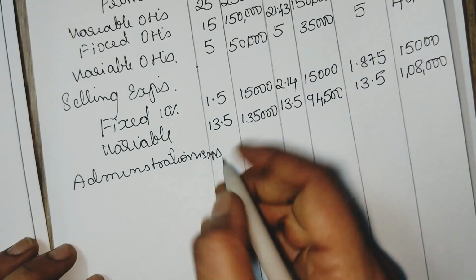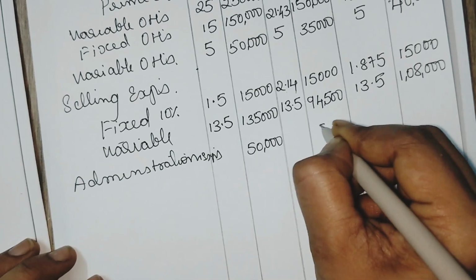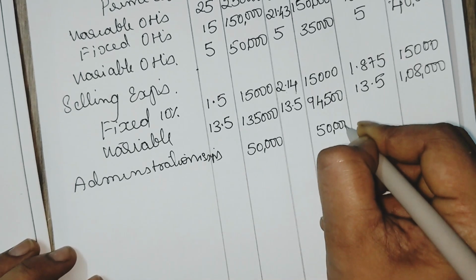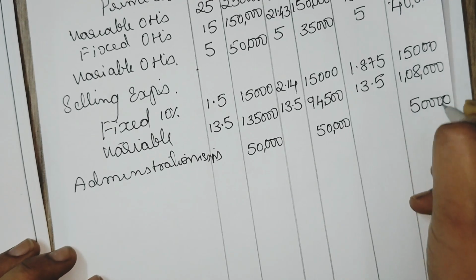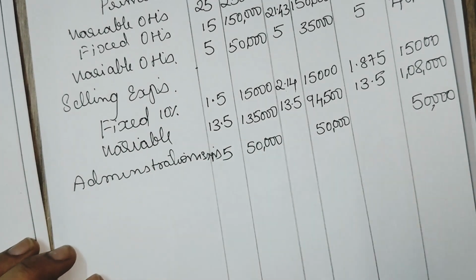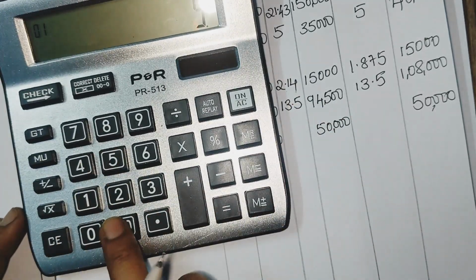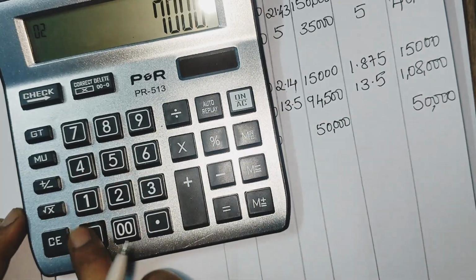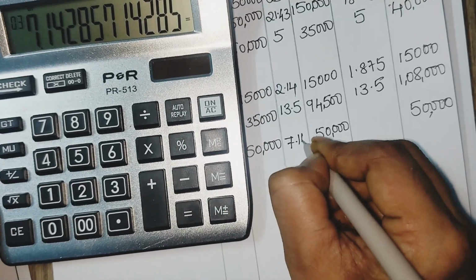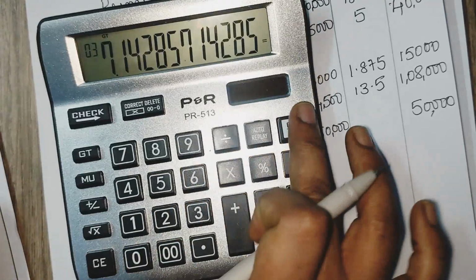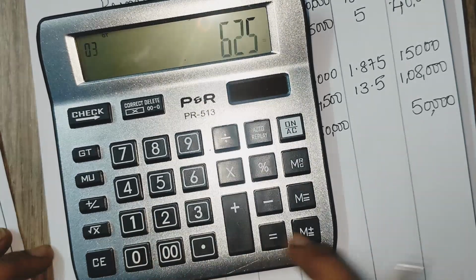So 50,000, 50,000, 50,000. Here it is 5 and this changes for the 7,000 units. 50,000 divided by 7,000 is 7.14. 50,000 divided by 8,000 is 6.25.